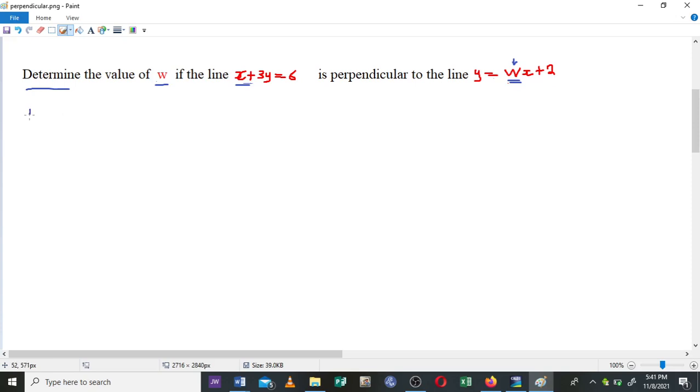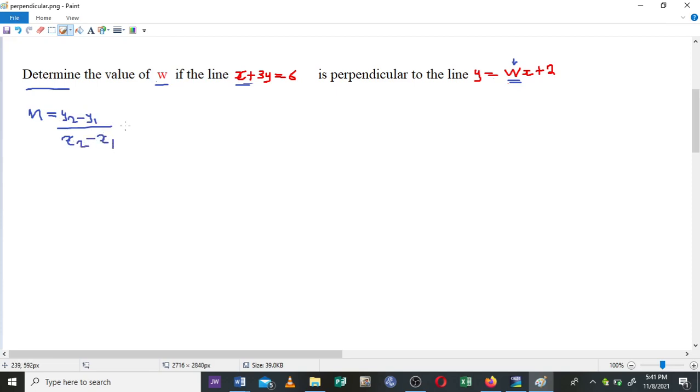Two equations: the equation for the gradient, which is m, is equal to y2 minus y1 over x2 minus x1.